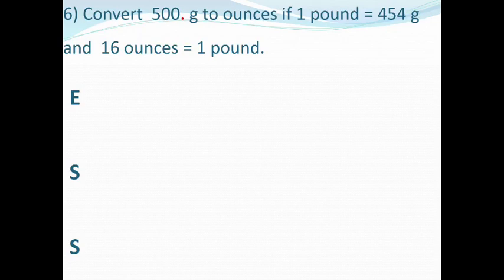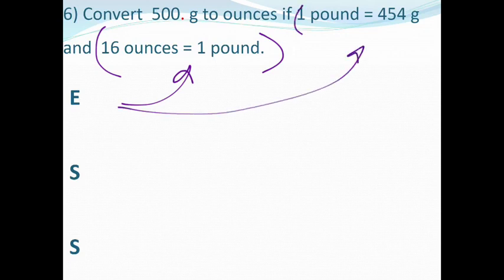So, working number 6 and making sure that we have that decimal there at the end of that number, we have all of our equations already given to us in our problem. And so our given, what we've got is 500 grams, and we want to turn that into ounces. So ounces is our unknown.